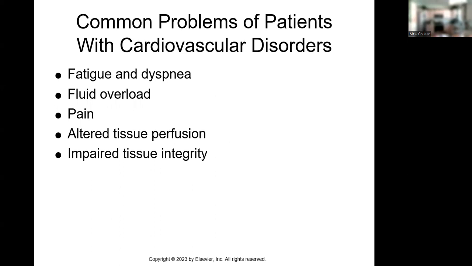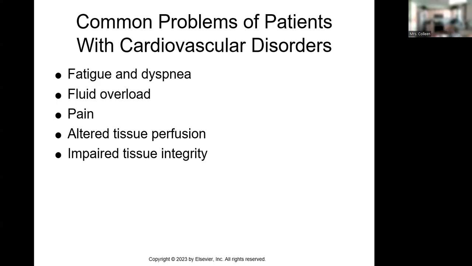So some other things to look out for in your cardiovascular patients: if they're gaining more than 2.2 pounds in a 24-hour period, that is a cause for concern. Usually that tells us that they have gained 1 liter of fluid, and we have to figure out where that fluid is.